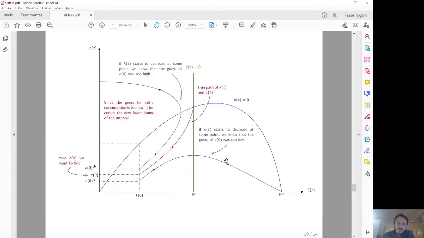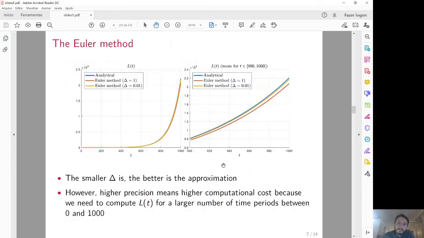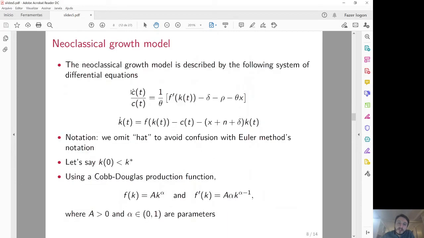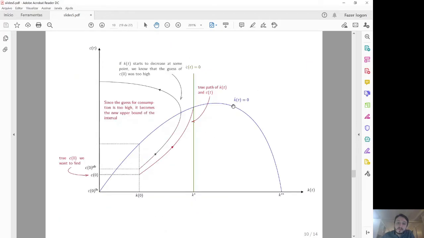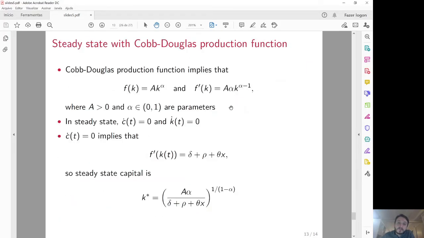If we come back here, we see that if c dot is equal to 0, then this must be equal to 0. Okay, because theta is higher than 0, then the brackets must be equal to 0. So if the brackets is equal to 0, then this relationship must hold, that the marginal productivity of capital is equal to delta plus rho plus theta times x.